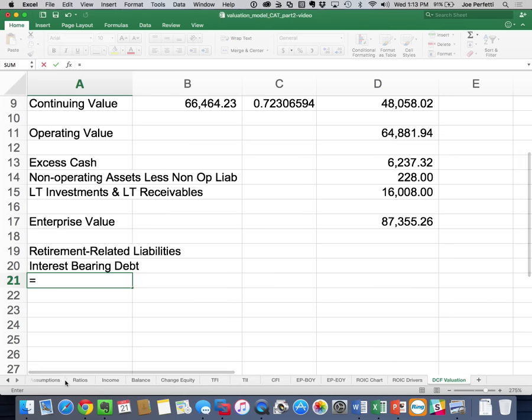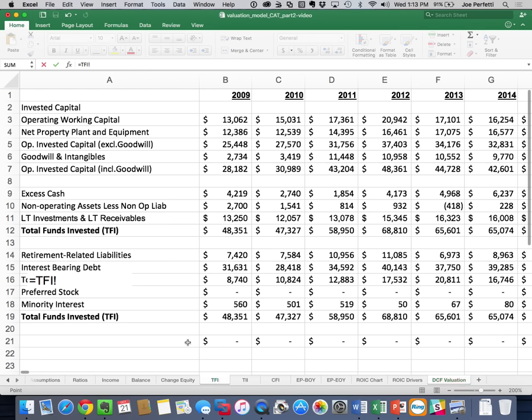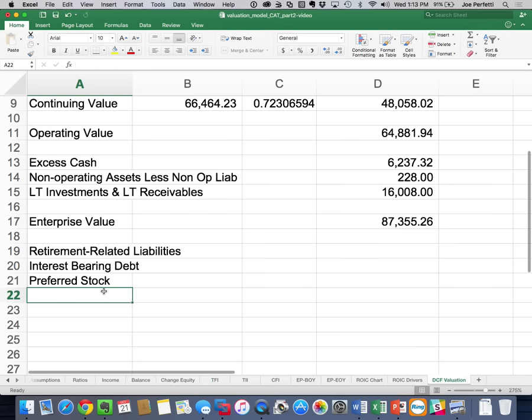Then I'd also have to pay off, again off my TFI, the preferred shareholders, and I'd have to pay off the minority shareholders. So those are the 4 stakeholders that have to be paid off before the common stakeholders are paid, because common gets what's left after everybody else has been paid. Again, I'm going to use the current amount outstanding, so the 2014 numbers.